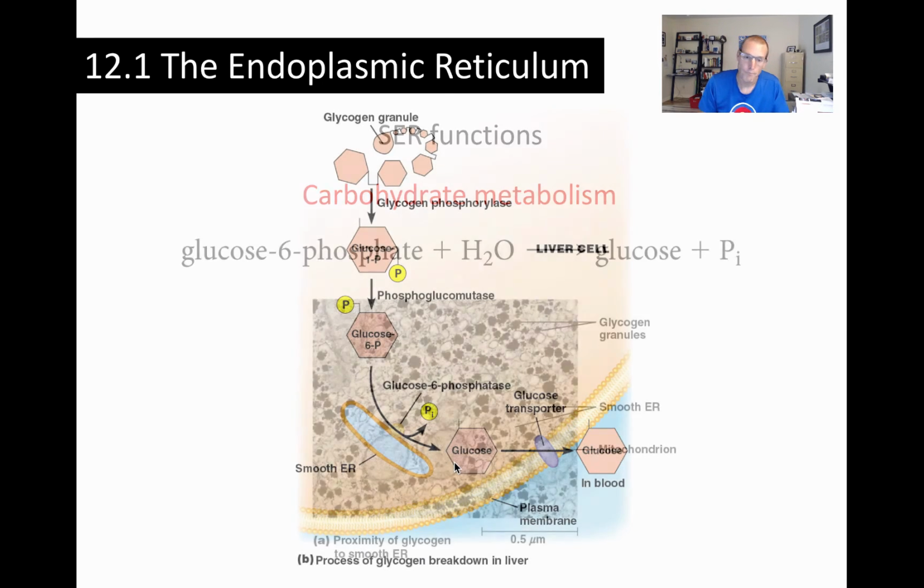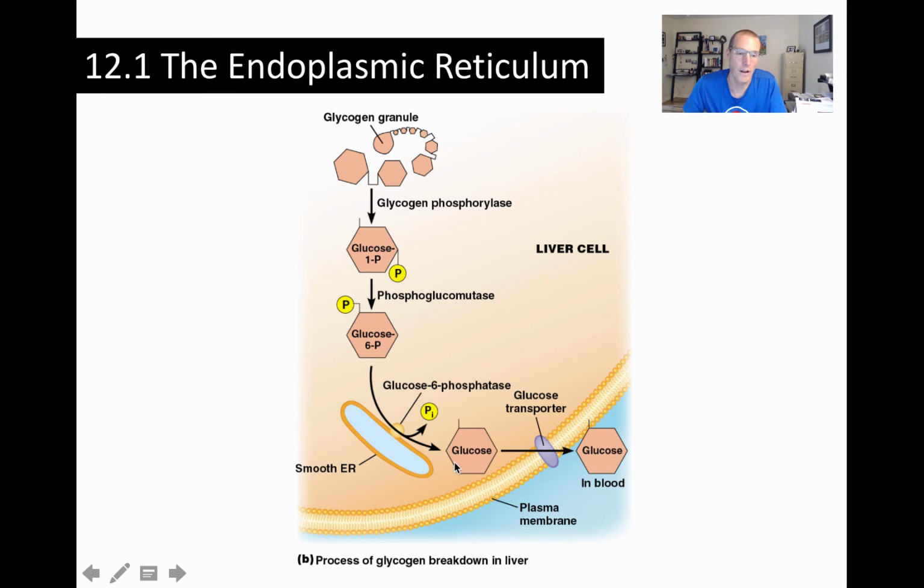You're putting things close together that need to get close together so you can rapidly liberate glucose if you need to. So just to look at that in a diagram, when glucose is needed by tissues and cells in the body, glycogen up here, which remember is a polymer of glucose, is broken down, and the released molecule is actually glucose 1-phosphate. All the 1 means is that the phosphate is attached to the 1 carbon of glucose. Chemistry taught you about carbon numbering in molecules.